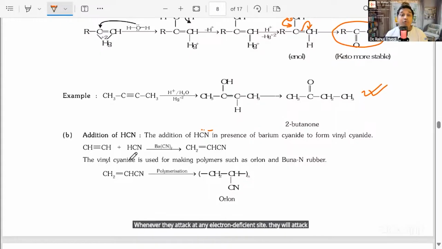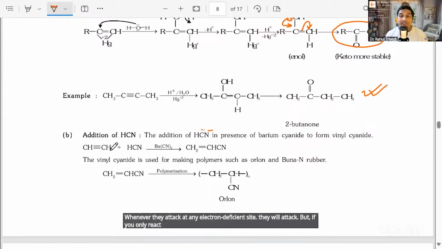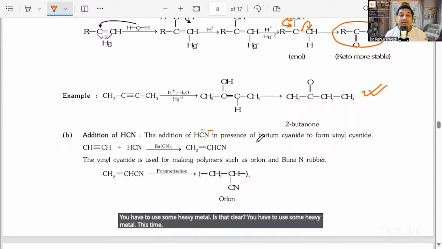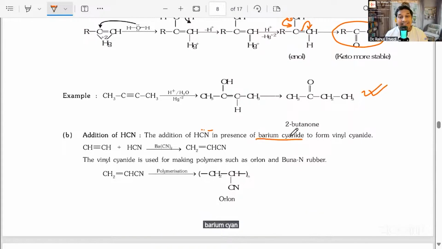But if you only react HCN with ethyne, they are not going to. You have to use some heavy metal. Is that clear? You have to use some heavy metal. This time, whom are we using? Barium cyanide. Why cyanide only? So that CN minus concentration increases, at the same time Ba2 plus does his own magic.